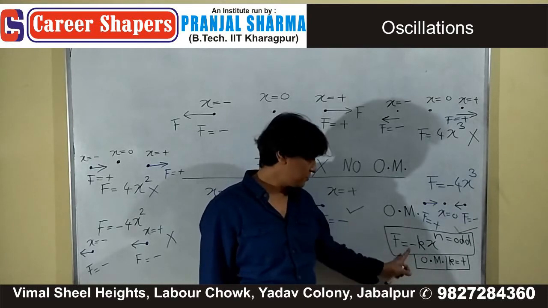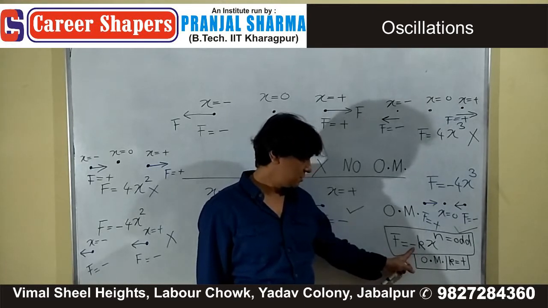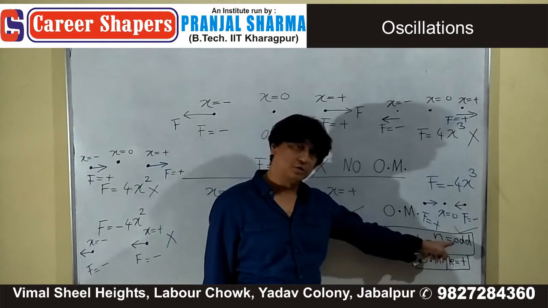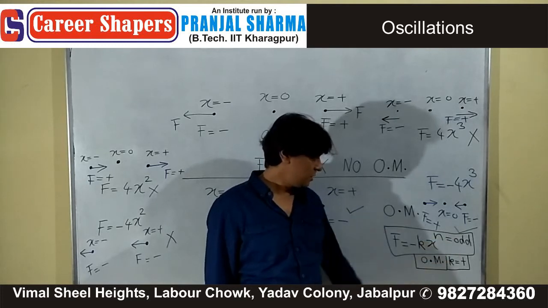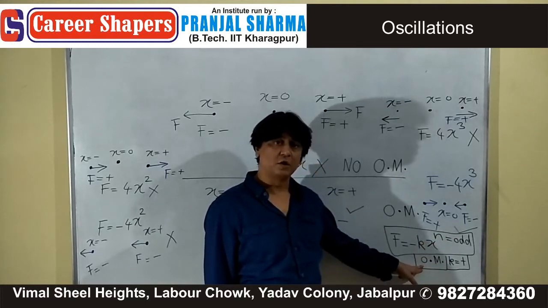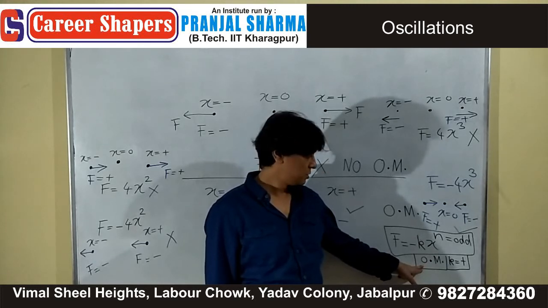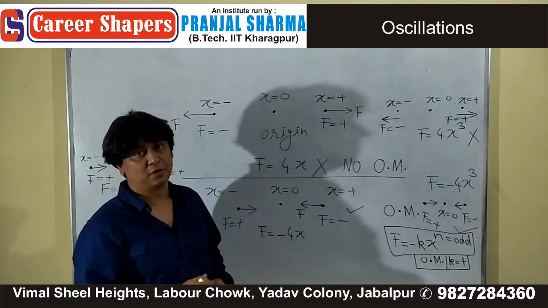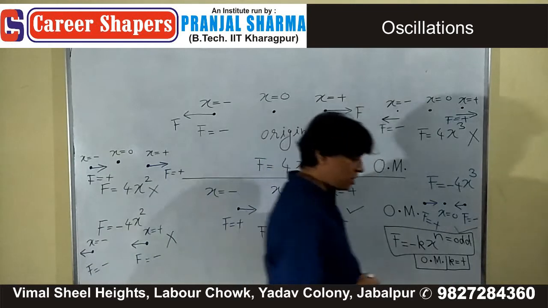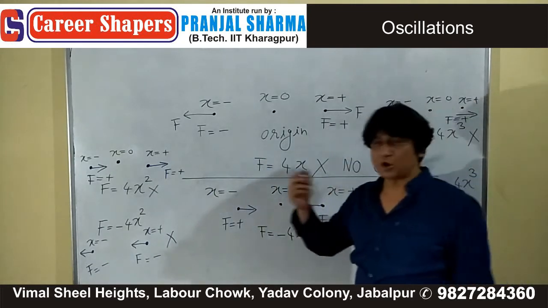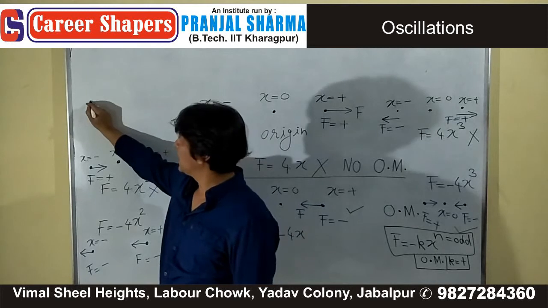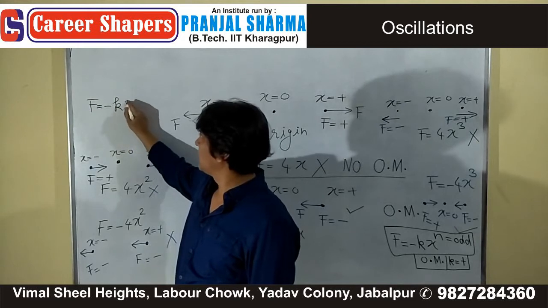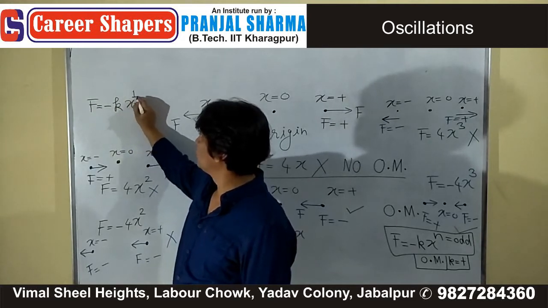If you have a force of this profile, minus some constant x to the power n, where n belongs to the odd category, then you will always have oscillatory motion. Now, if I ask you what is the simplest odd number, then you know that the simplest odd number is 1, which means F is minus k x to the power n, which is 1.